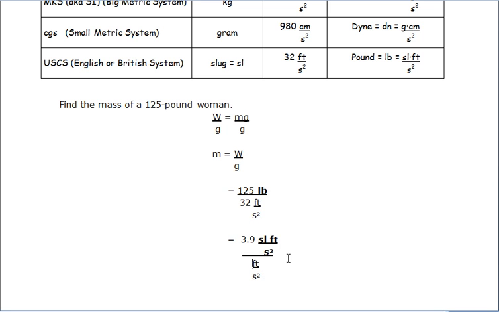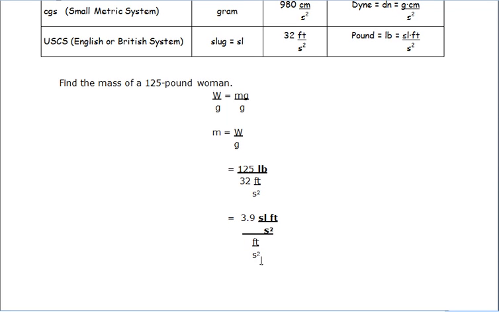When you write it this way, you can probably see that the foot per second squared here is going to cancel with the foot per second squared here, leaving us with just a unit of slug. And so we see that our answer in the end is going to be 3.9 slugs, which is good because a slug is an appropriate unit for mass in the English system.